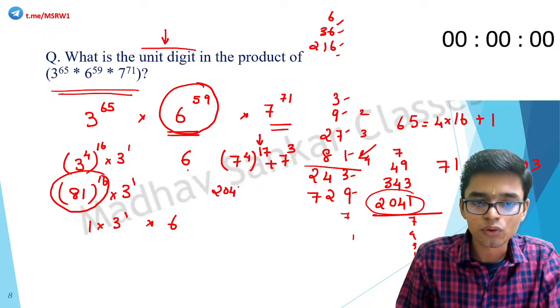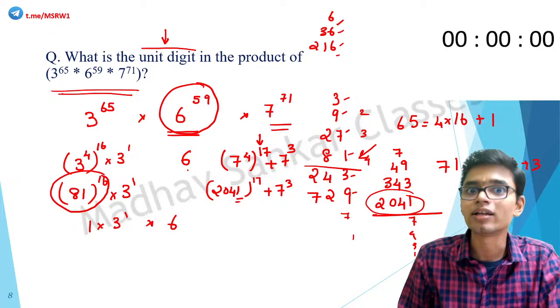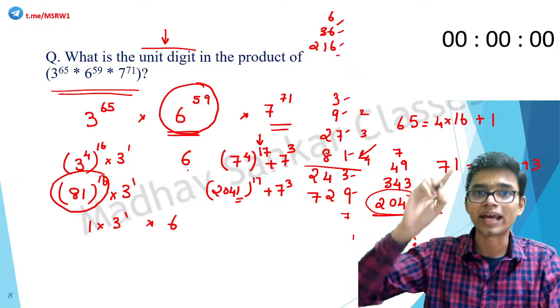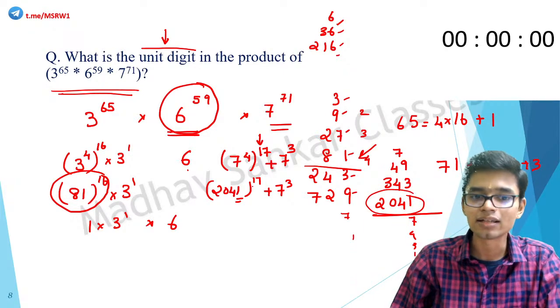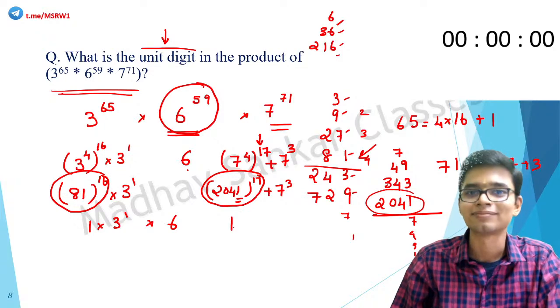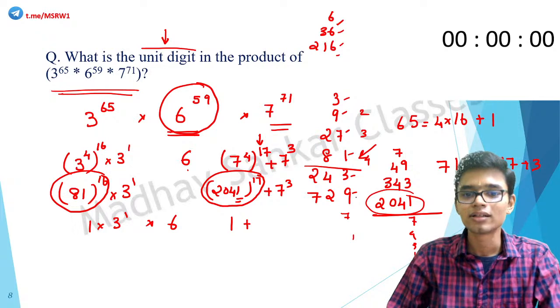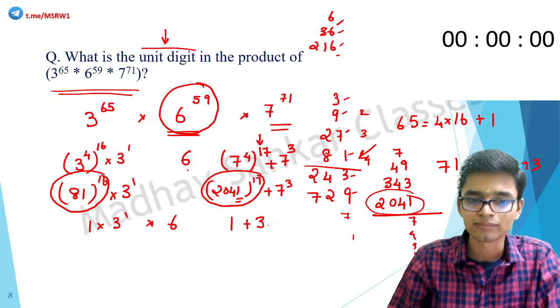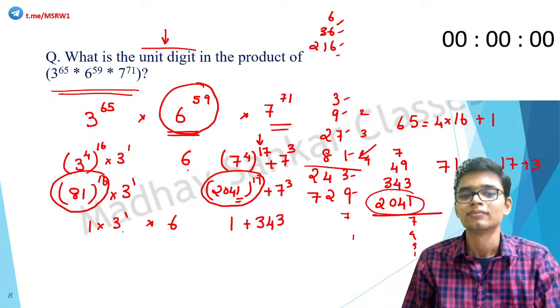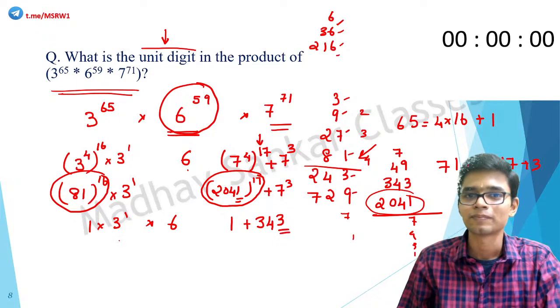So 2041 to the power of 17, into 7 cube. Because the unit digit is 1 here, any power of that will also end with 1. So the unit digit in this term will be 1. And 7 to the power of 3 is 343, which means the unit digit is 3.